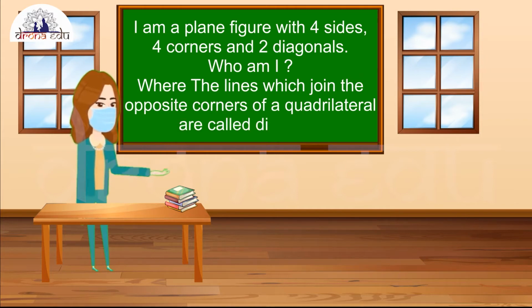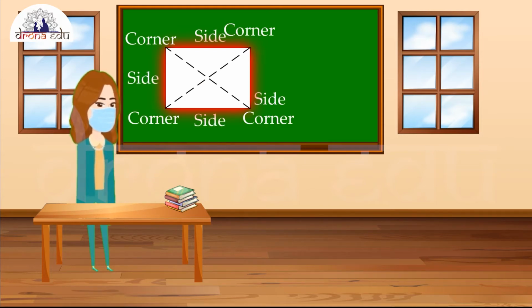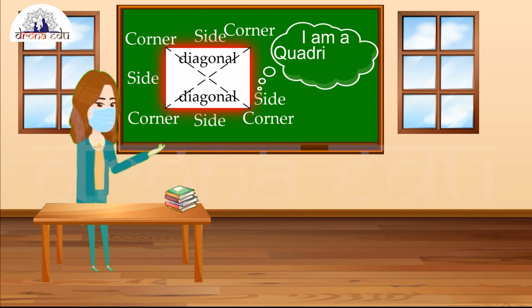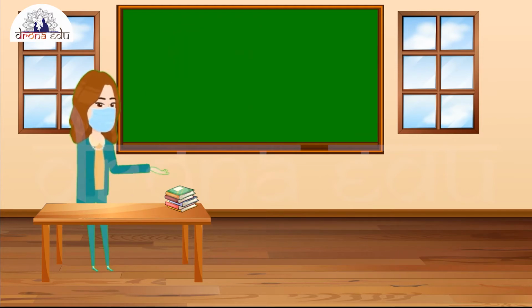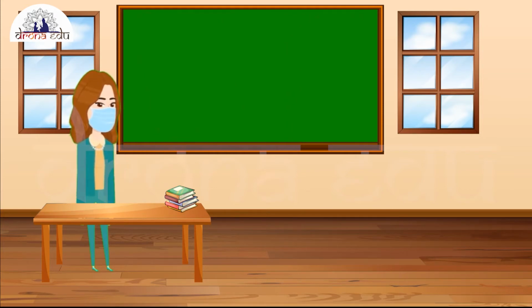Got it? I am a plane figure with 4 sides, 4 corners and 2 diagonals. Who am I? Yes, I am a quadrilateral. And all these figures are quadrilaterals. So this is about quadrilaterals, triangles and plane figures.